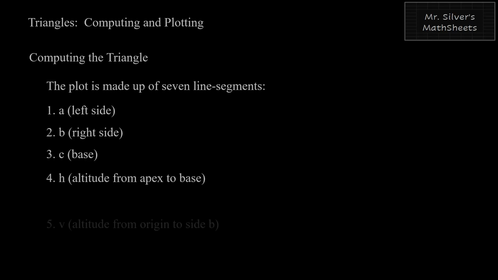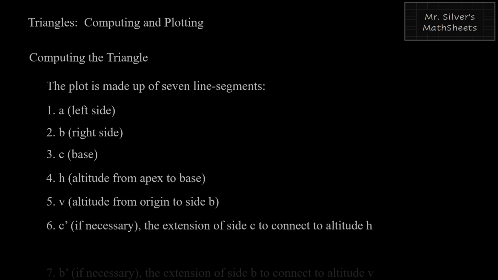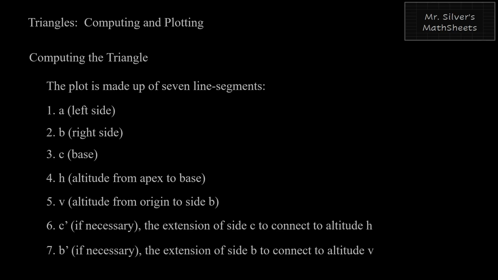Then there are 2 altitudes, H and V. And then there are 2 extensions that are not always needed, the extension C prime and the extension B prime if necessary.